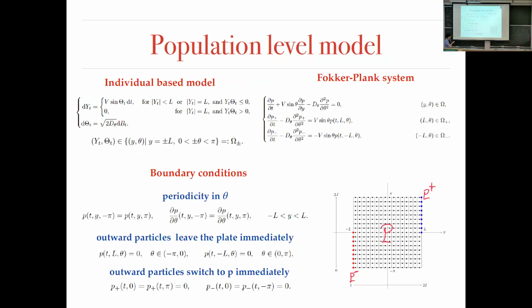Okay, so this population level Fokker-Planck model, as I already explained, in the middle would just be the rotational diffusion equation in theta. For theta at the boundary, the periodic boundary in theta is here. Because as we already explained, for the kinetic equation, each change of movement only changes your velocity direction a little bit.